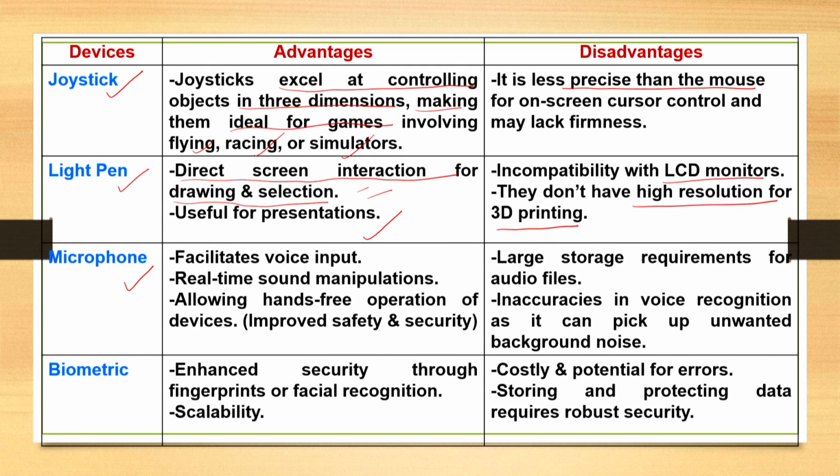Next is a microphone. Obviously, this microphone is used to record voice. So, here the input data is voice. This may record real time sound and it allows hands-free operation of devices that helps in improved safety and security.